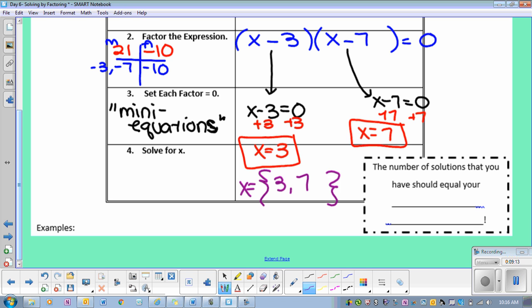Now, the number of solutions that you should have should be the same as your highest exponent, your biggest exponent. And your highest exponent has a name. It's called the degree.